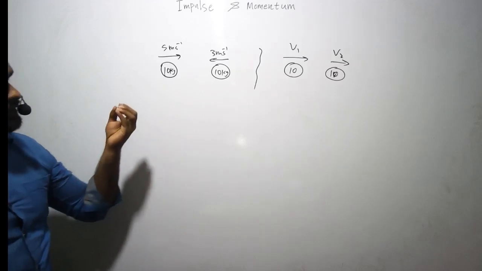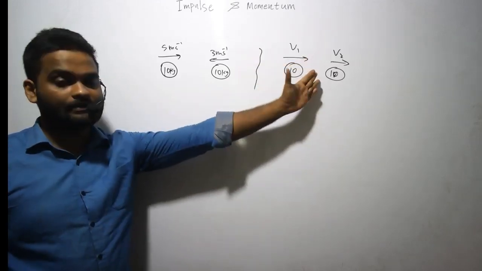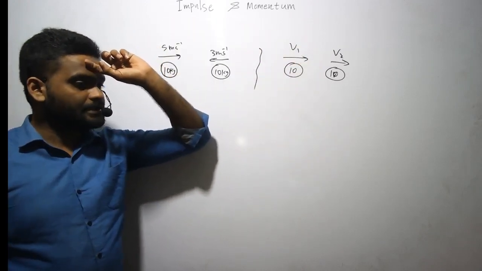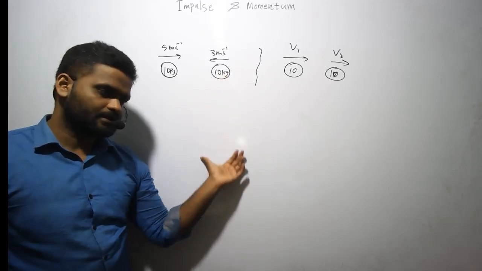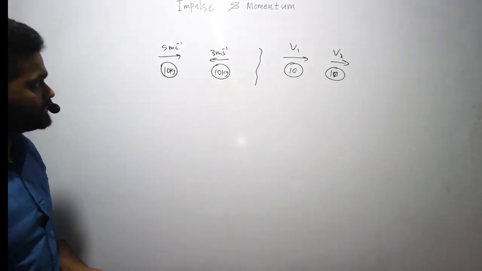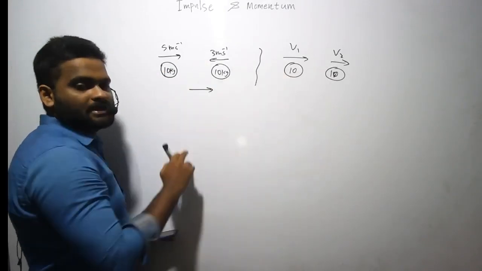So you can just find the values of v1 and v2. But the calculation to do that is somewhat complicated. I'll just show you why that is complicated. Let's apply momentum conservation.